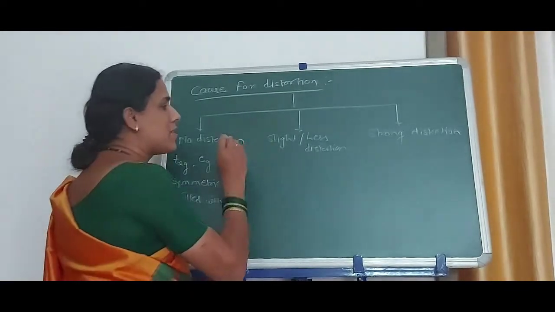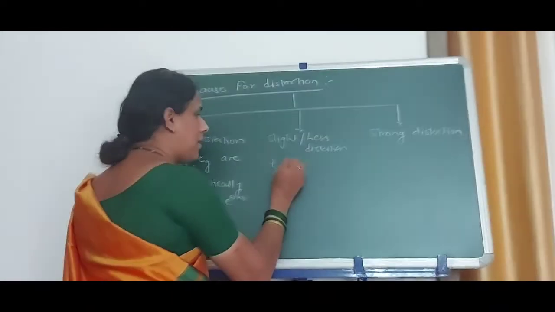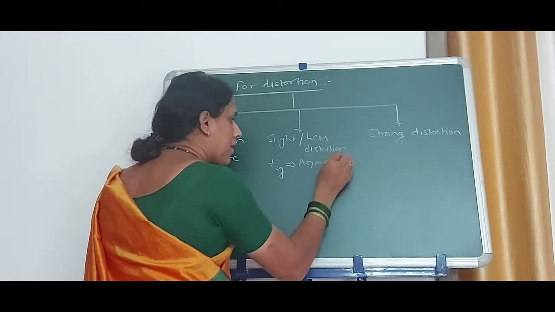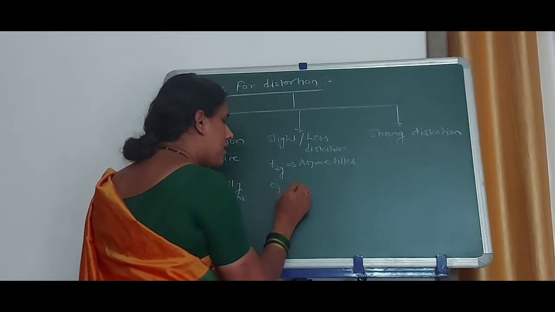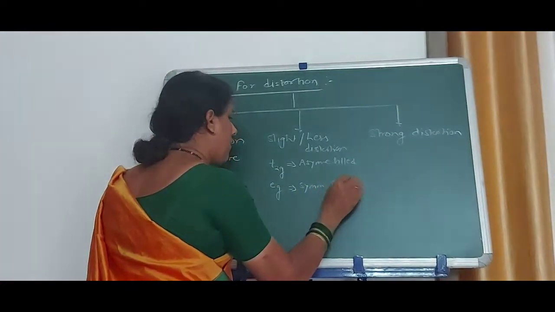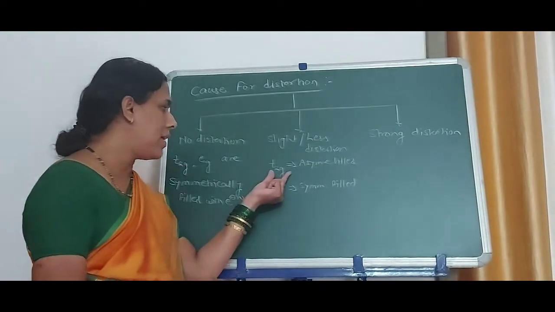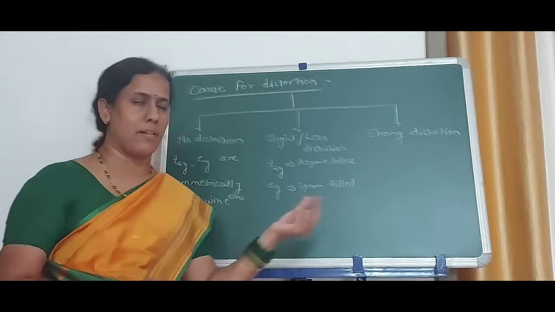Slight or less distortion occurs when the T2g orbital is asymmetrically filled and the Eg orbital is symmetrically filled.